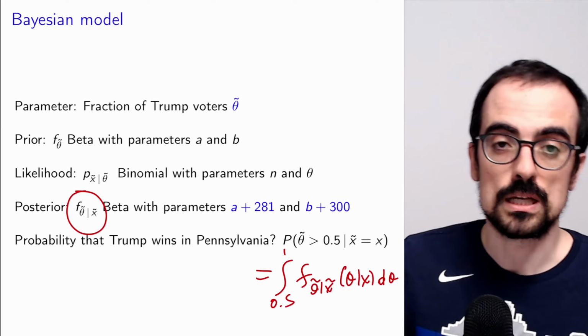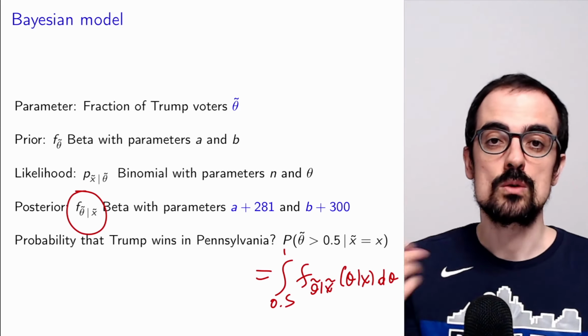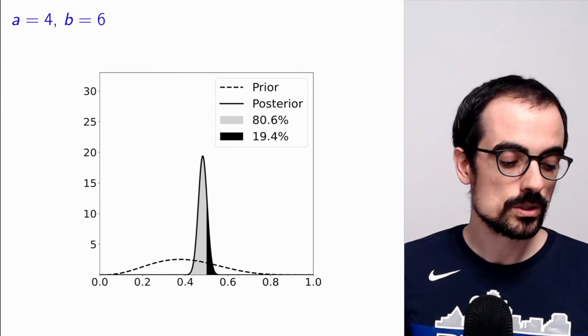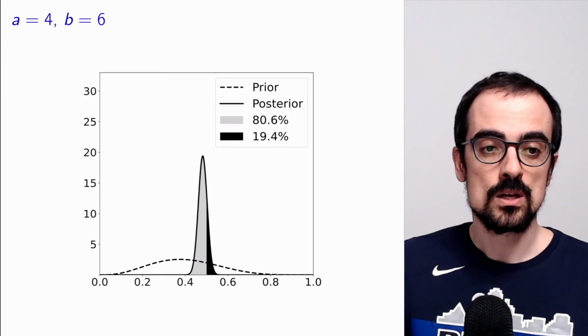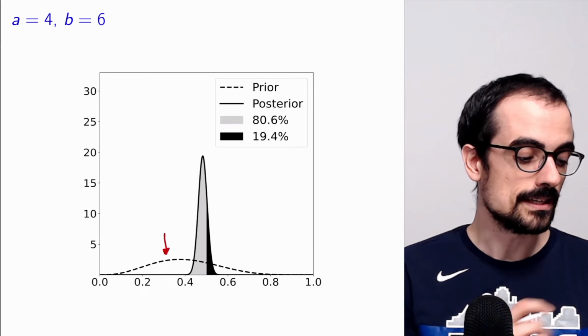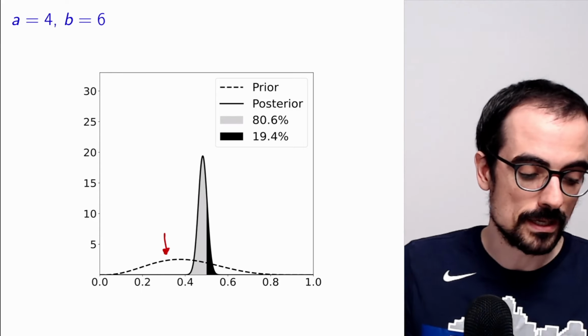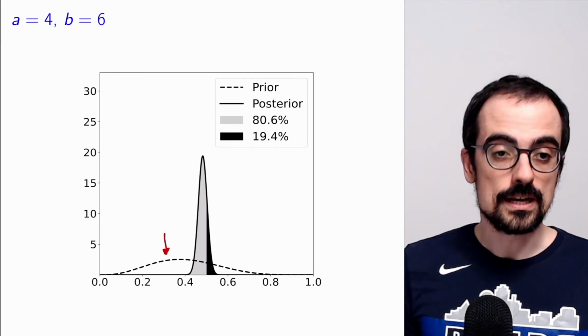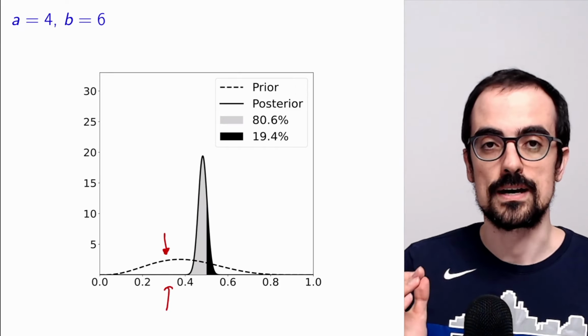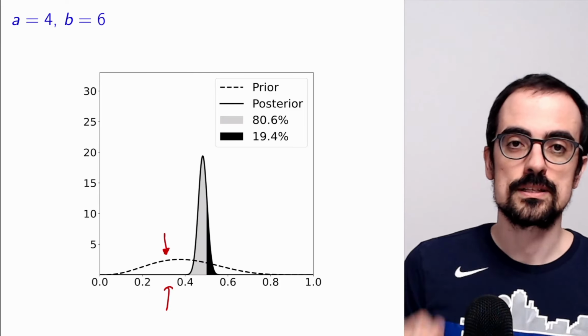So now let's take a look at what happens for this data when we choose different values for A and B. For A equals 4 and B equals 6, this is what the beta distribution prior looks like. Here we think that Biden has higher chances, so we start with a density that is more towards 0.